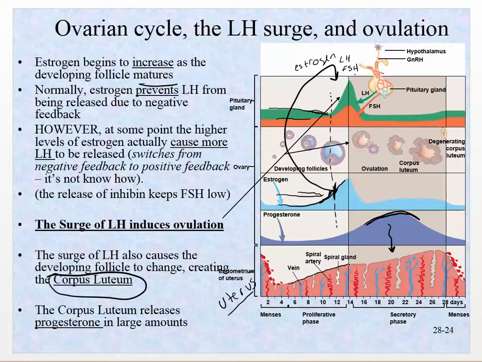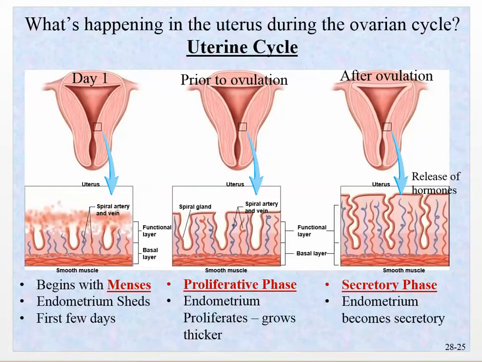And then when the progesterone is released, it will cause this to develop even more, and it will cause it to become what we call secretory. That means it's starting to produce some hormones and growth factors, things that help nurture the developing oocyte. We just went through the ovarian cycle and its three phases, the LH surge and all that.